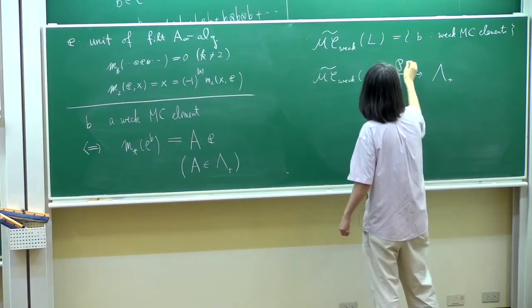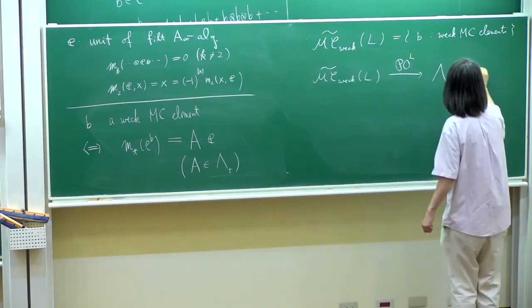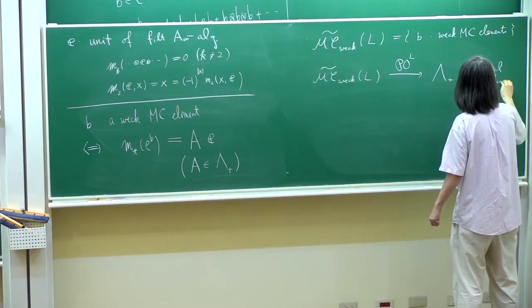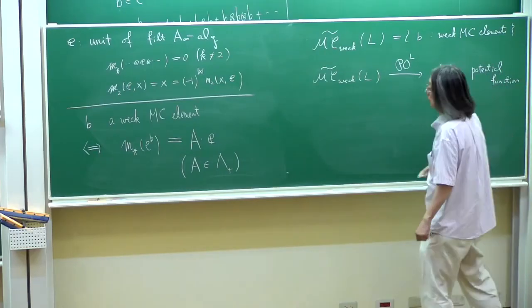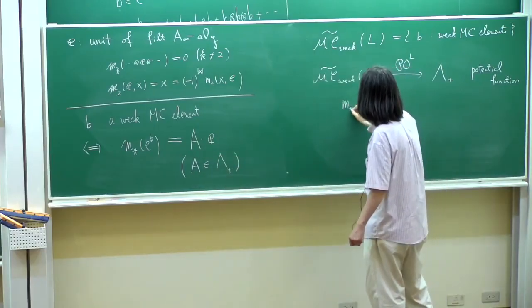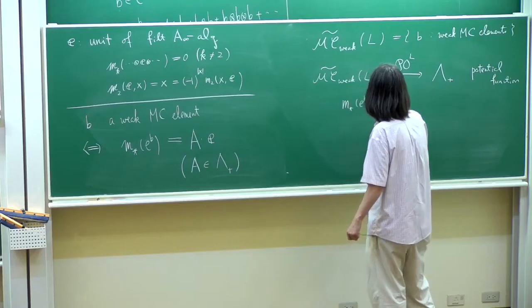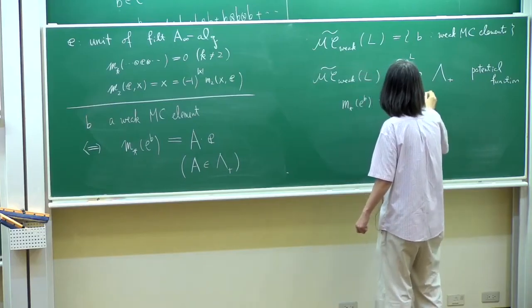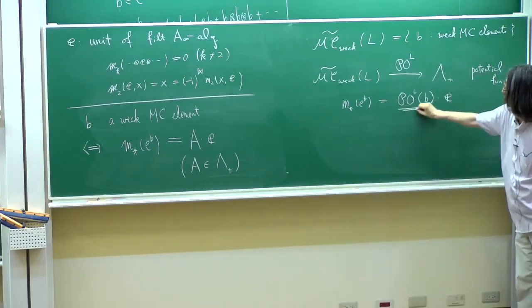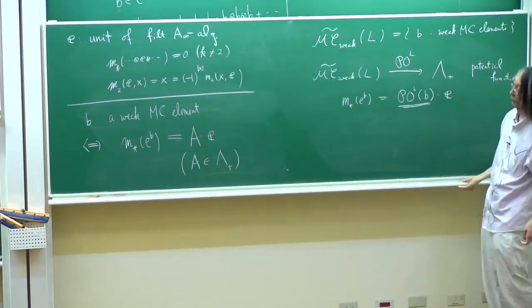So this is what we call the potential function. Namely, M star EB is equal to the potential function L of B times this unit. Okay? So this is the value of the potential function.